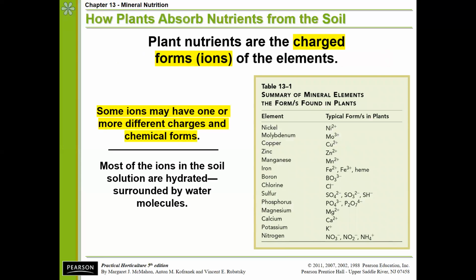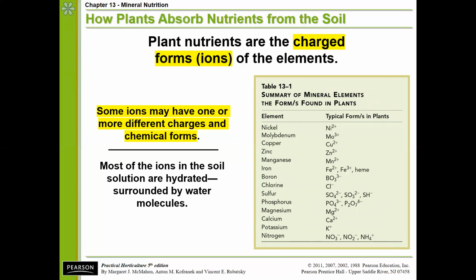Of course, all plant nutrients are found in the ionic form of the elements, or in some cases in molecules. So they are charged, and they can be cations, positively charged ionic forms of the elements or molecules, or they can be anions, the negatively charged.